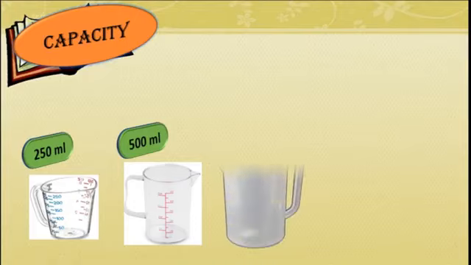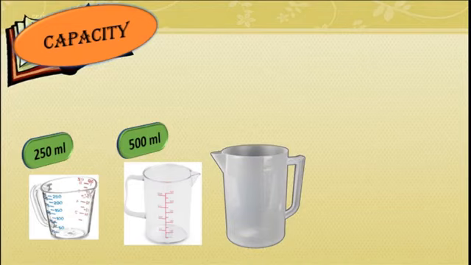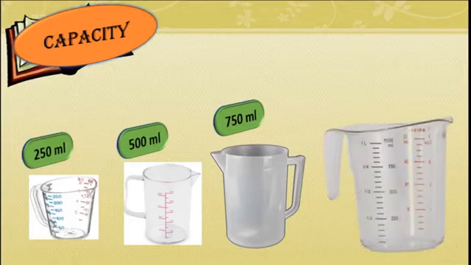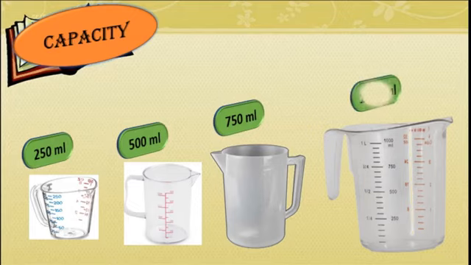Observe this. This is larger than 500 ml, which means it has the capacity of 750 ml of liquid. See this. This is larger than 750 ml. You can see this is of 1000 ml capacity.